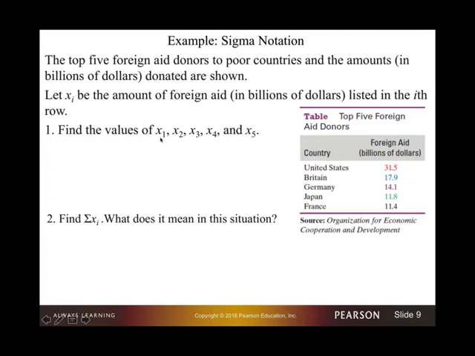So you could get that x1 equals 31.5, x2 would be 17.9, x3 would be 14.1. Okay, so just write it down.